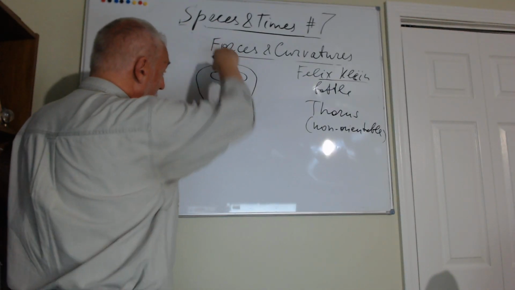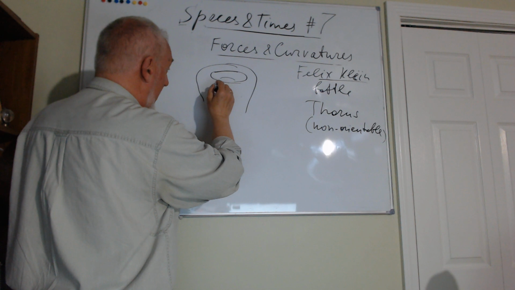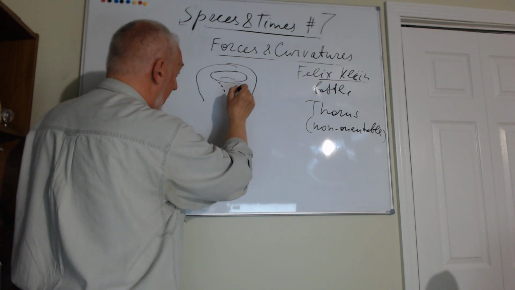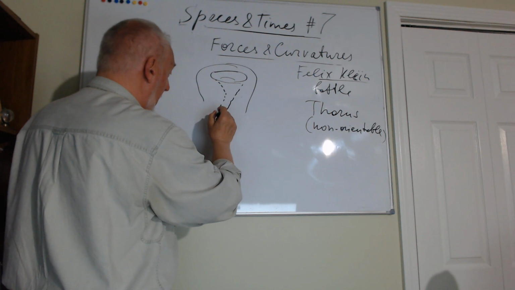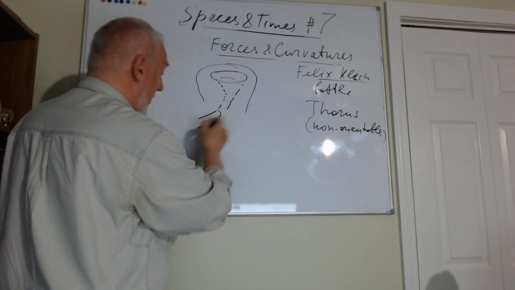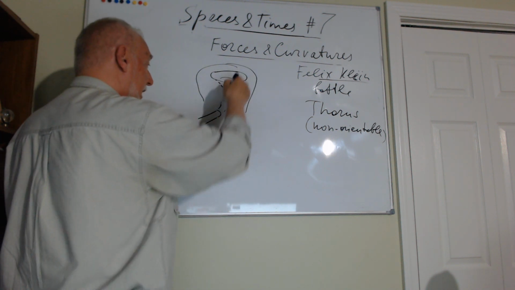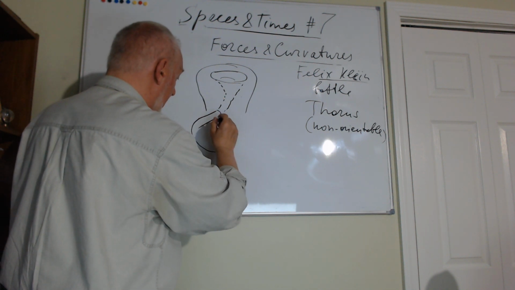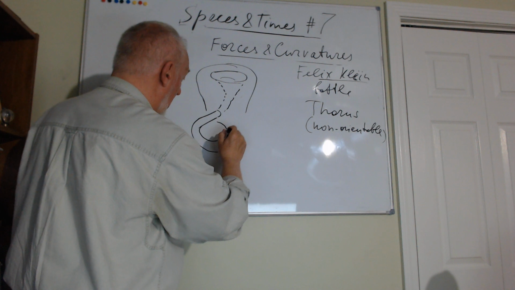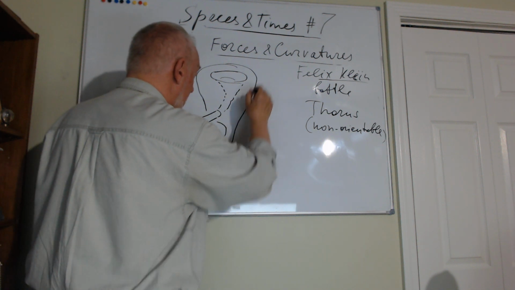So this is the hole, the same thing as in the torus, remember? It goes like this, right? But instead of going there, it goes outside. It penetrates through the surface, right? Curved like this, and goes like this.